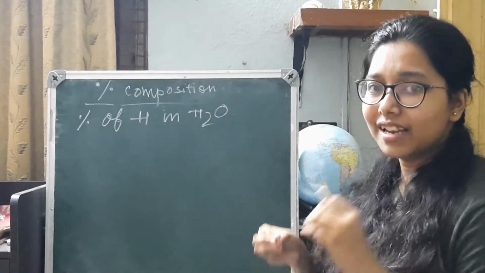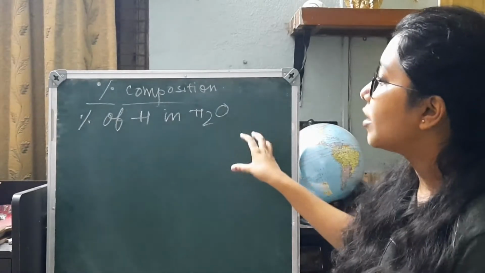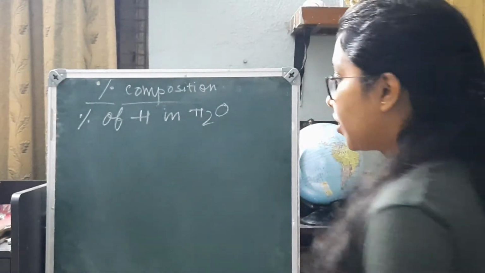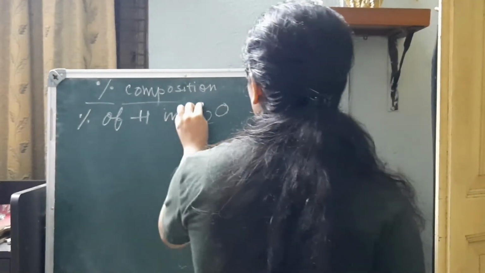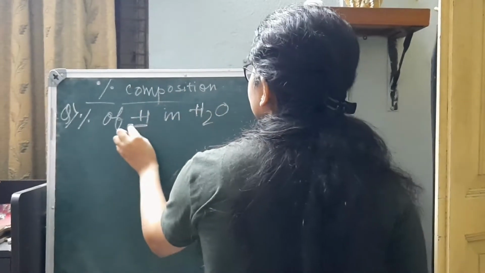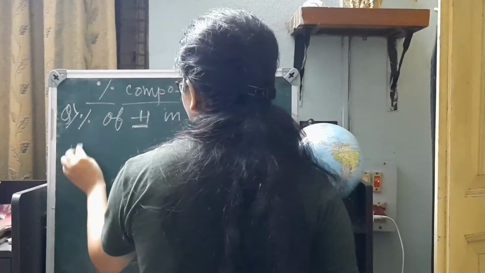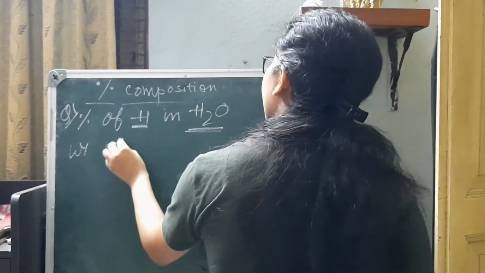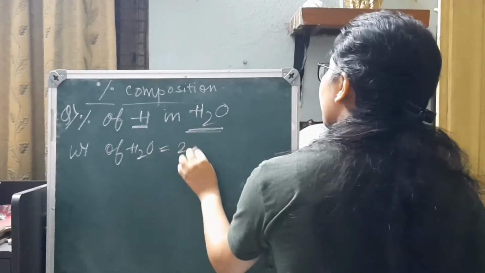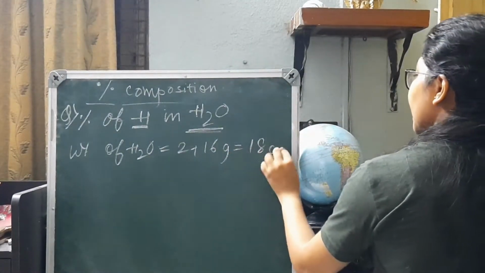Starting with a very basic question which asks us to find the percentage of hydrogen in H2O. The moment we see this, percentage means first of all we have to go for the weight of water. So the weight of H2O is 2 plus 16 grams, that is 18 gram.